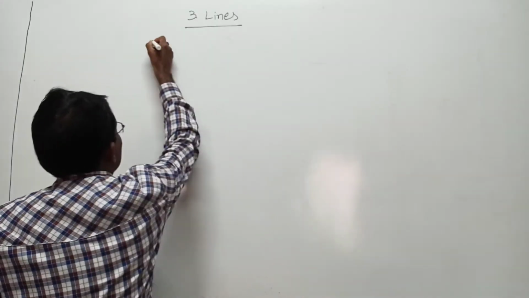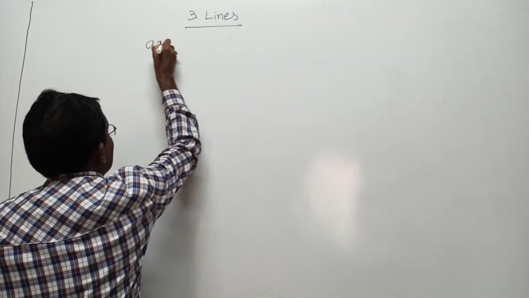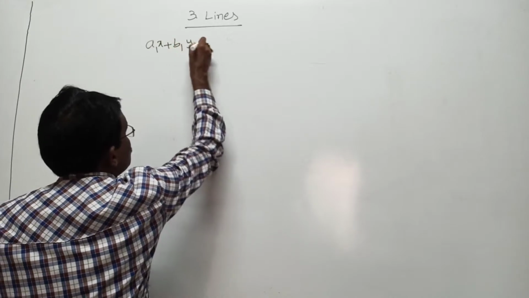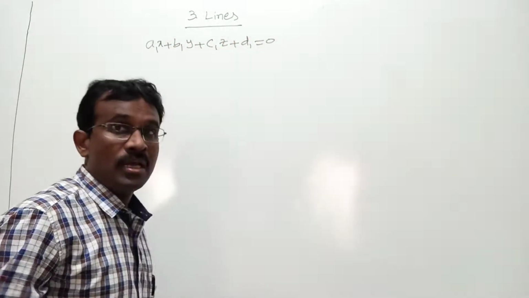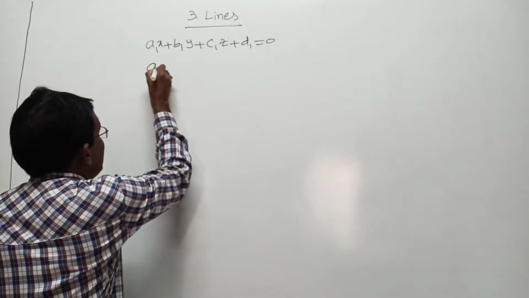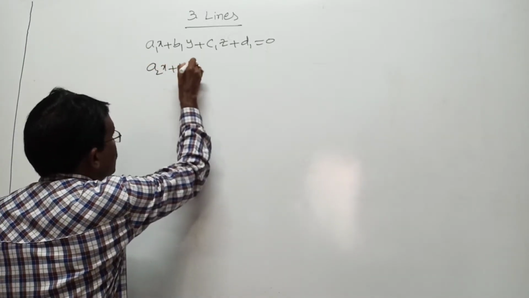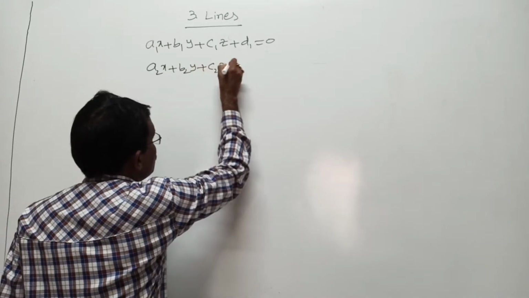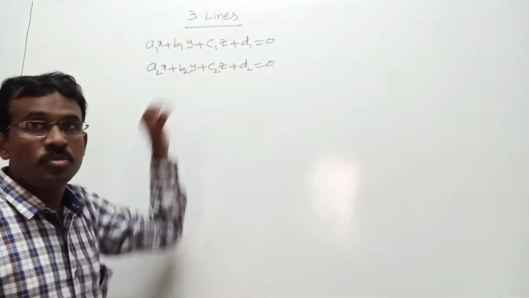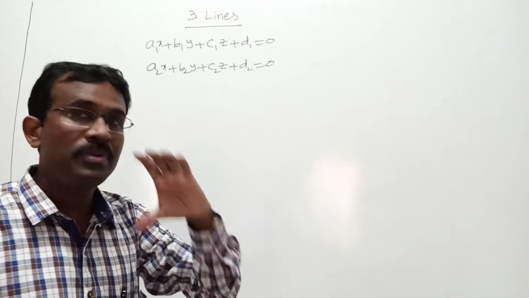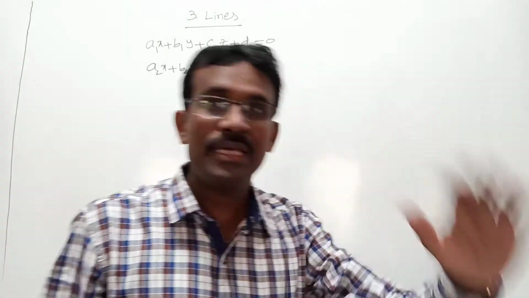Now I am writing clearly here. Let us take two planes. One plane is a1x plus b1y plus c1z plus d1 equal to 0. And the other plane is a2x plus b2y plus c2z plus d2 equal to 0. Let us intersect these two planes. That complete common area between them gives a line.